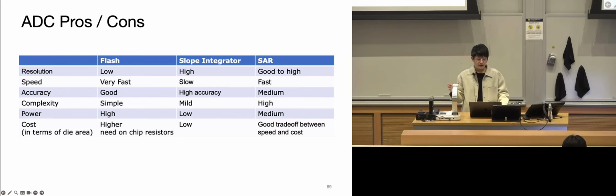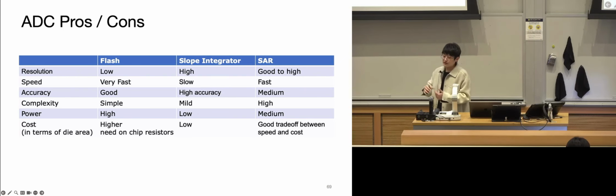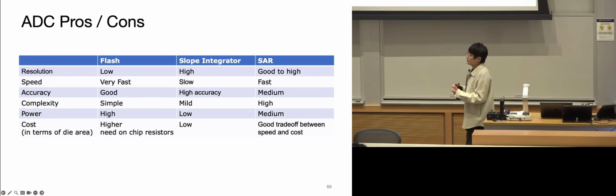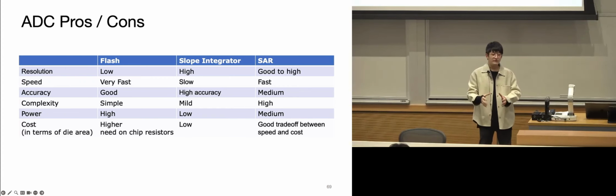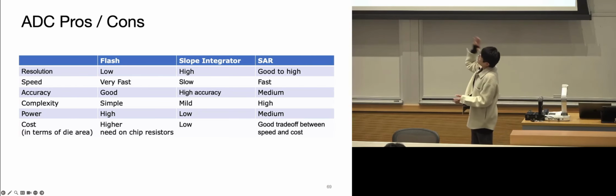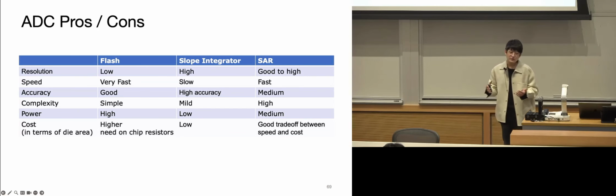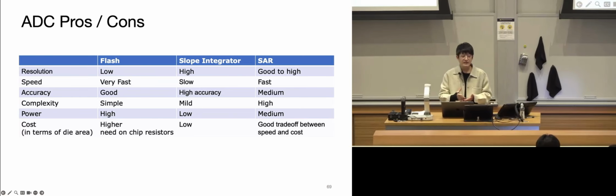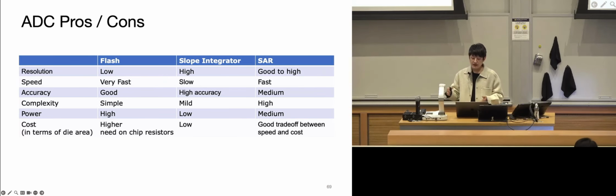Pros and cons here all together. The resolution: flash is usually on the lower side because it's more costly to scale up. But if you only need a relatively low resolution ADC, the flash is actually a very good option because it's fast, easy to fabricate, easy to manufacture, and very accurate.